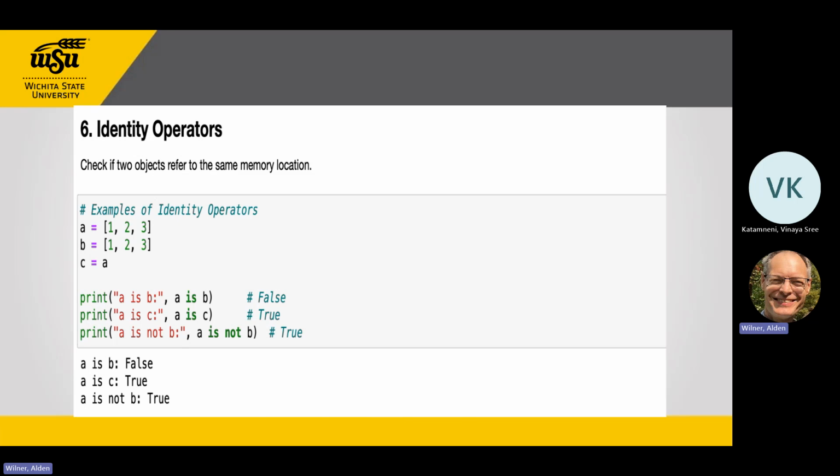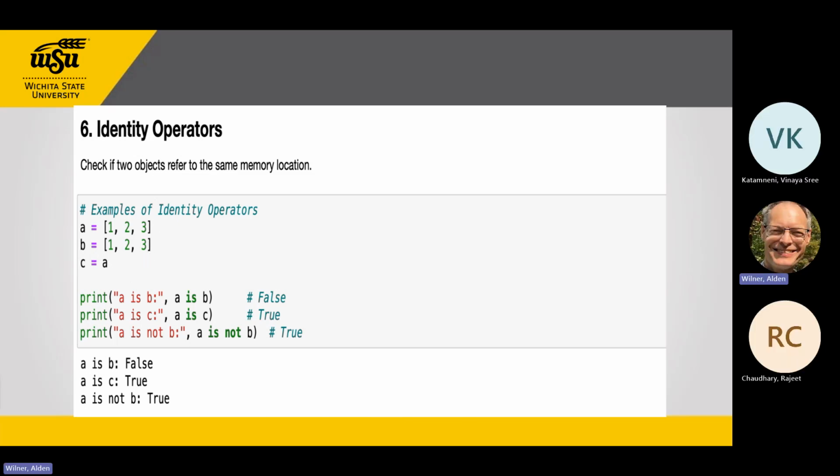So C and A are referring to the same object. Think of this as when I create a list, I'm creating a space someplace in the program, and that object exists there, and then I have a name for it, right? So when I say A equals 1, 2, 3, the thing is 1, 2, 3, and its name is A. The other thing is also 1, 2, 3, but it's in a different place.